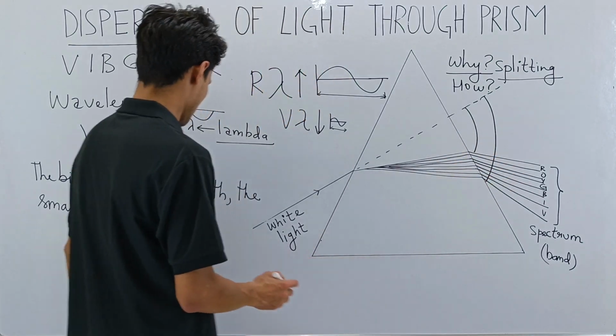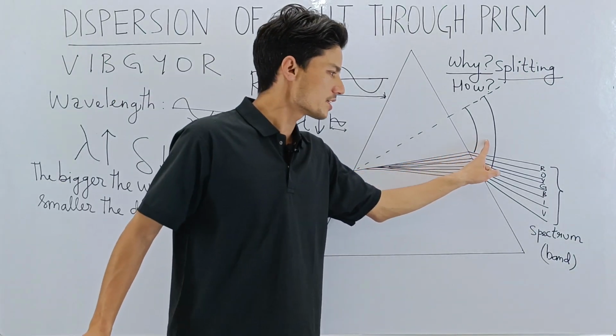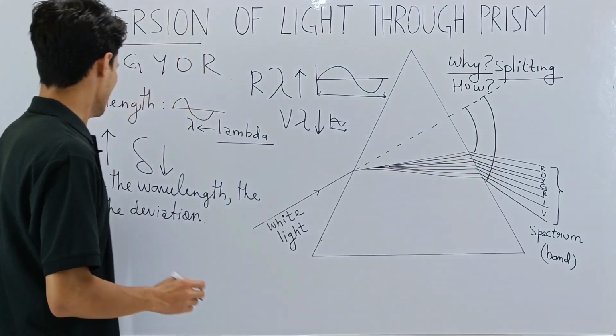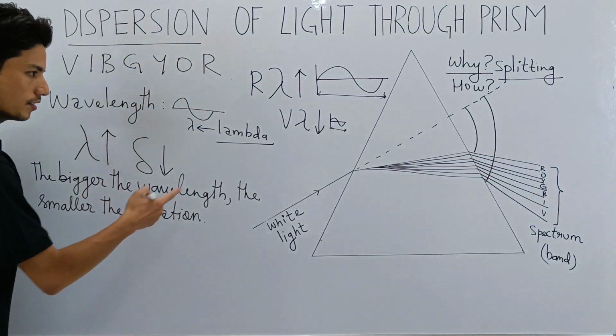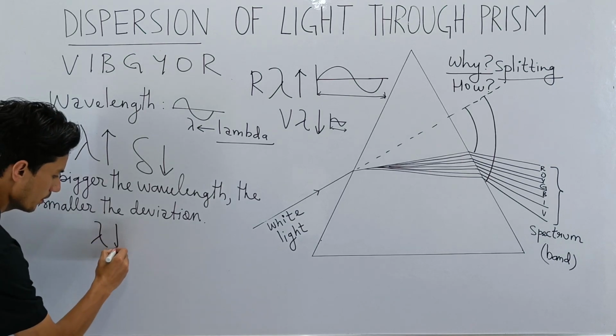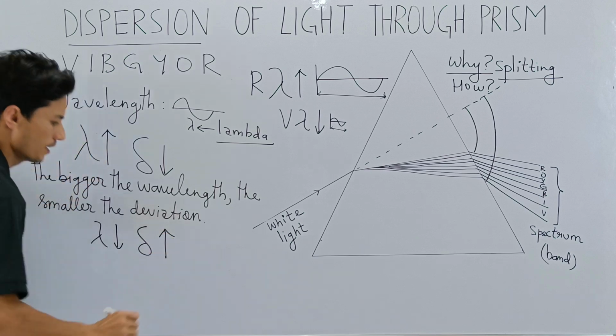Red has the longest wavelength, so its angle of deviation is less. Violet has the lowest wavelength, so its deviation is high.